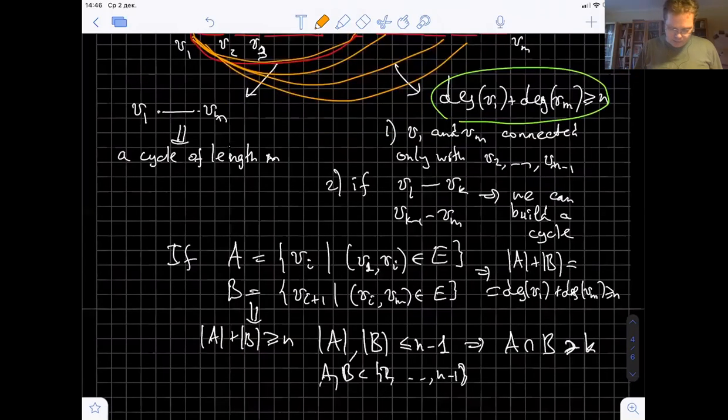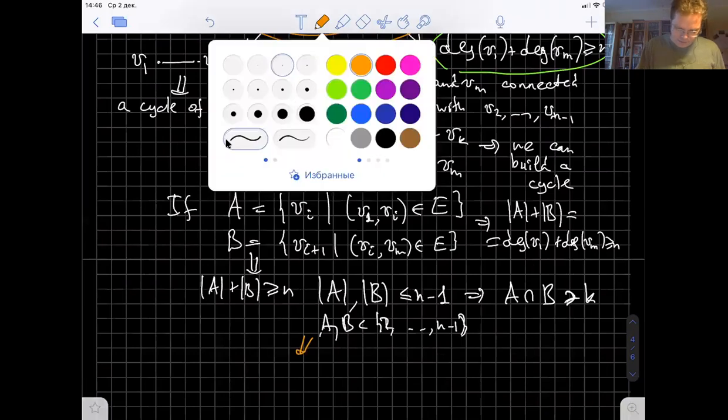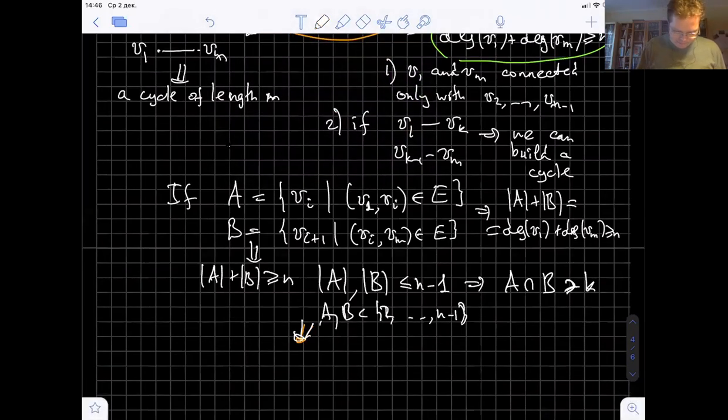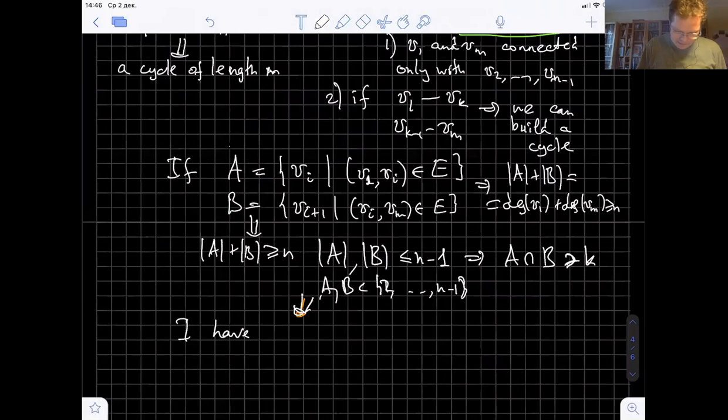Okay, so I just proved that I have a cycle of length m.